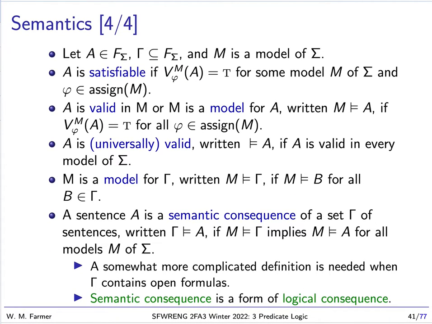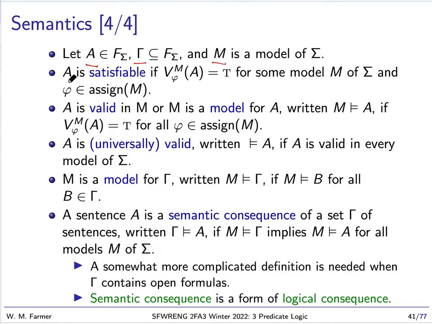Now, we basically have defined everything, but to understand how we use these notions, we have to add some more definitions. Okay, so let's say I have a formula A, I have a set of formulas gamma, and I have a model of sigma. So this formula is a formula of sigma, and gamma is a set of formulas of sigma.